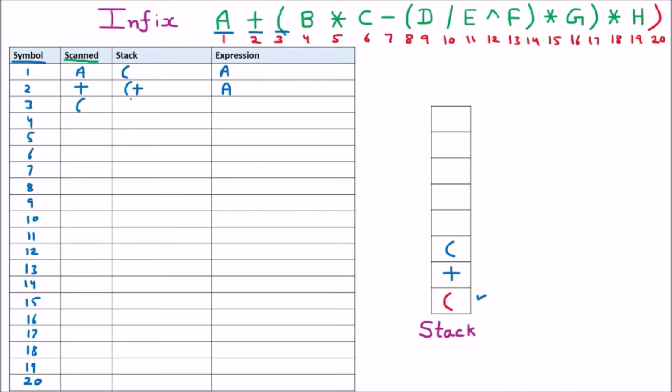In the stack we have bracket, plus, bracket, and the expression is A till now. Then the fourth symbol, which is B. So B is scanned. B is an operand, so B will come into the expression. After A, B will be placed, and the stack entry is the same.